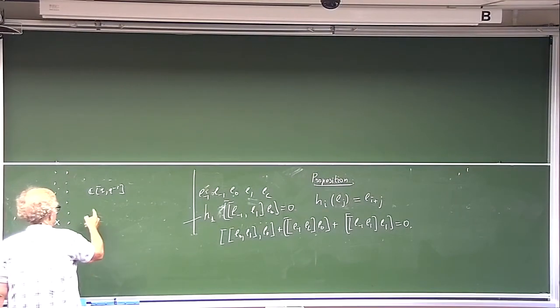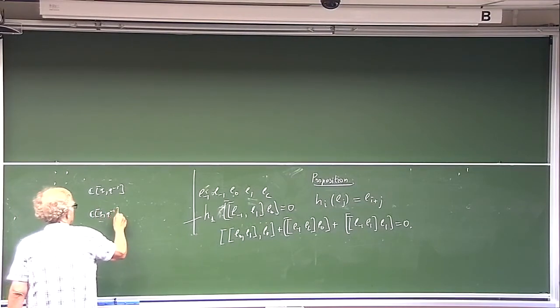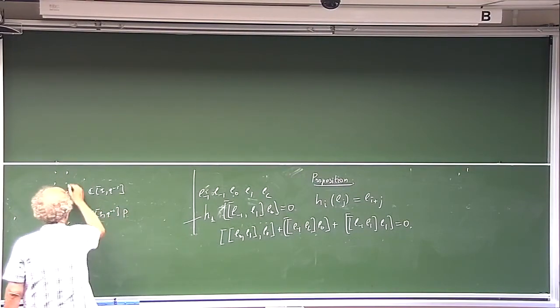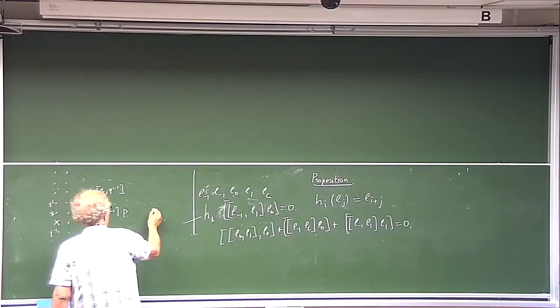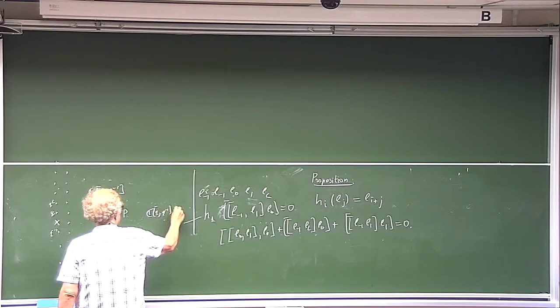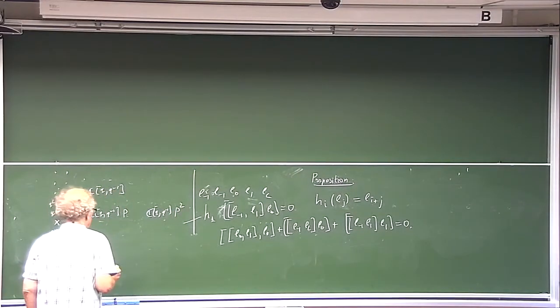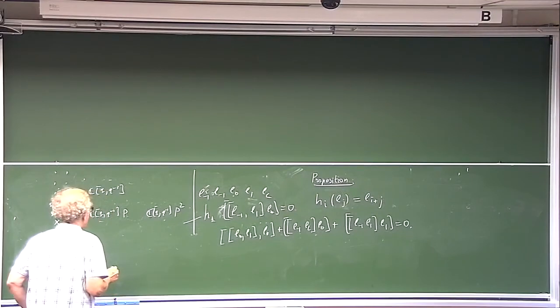Here I have C Q inverse times P, then C Q inverse times P squared and so on.